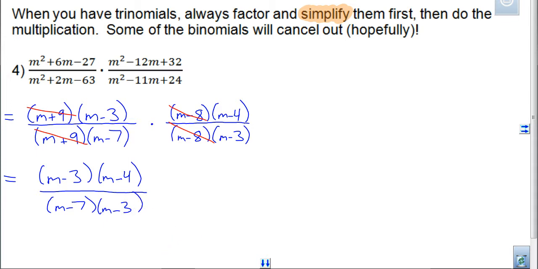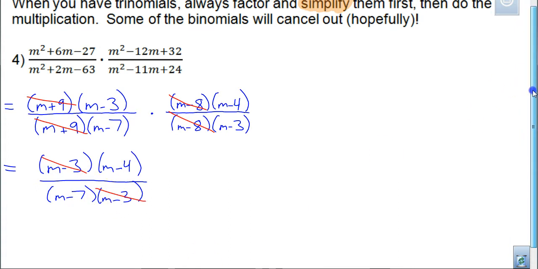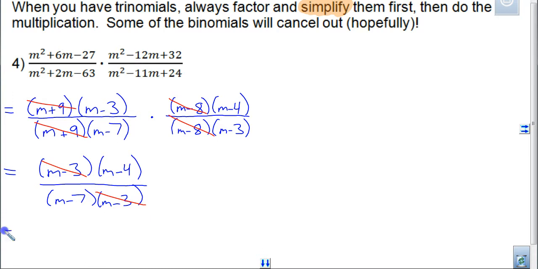By not expanding it, by keeping everything as binomials, I now see that m minus 3 can cancel out because it's a common factor in both the numerator and denominator. So now we're left with our final answer, m minus 4 over m minus 7. Nothing else I can do here to simplify.